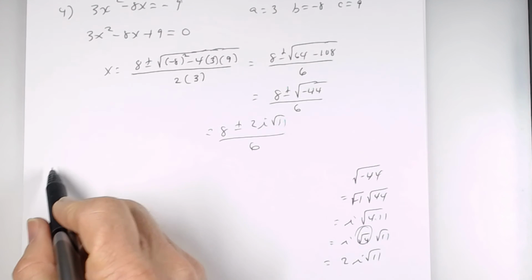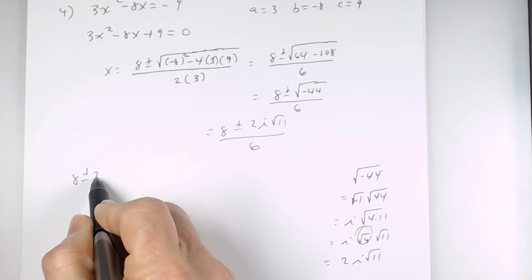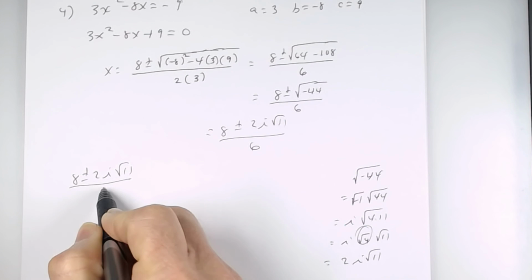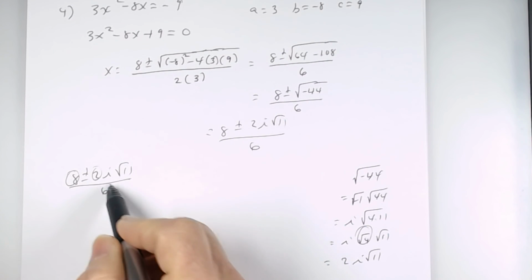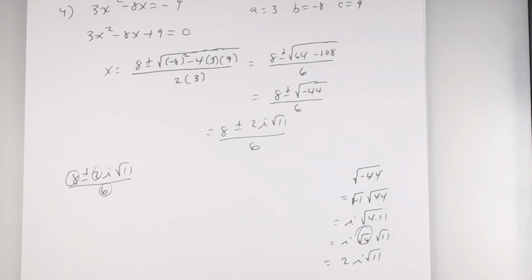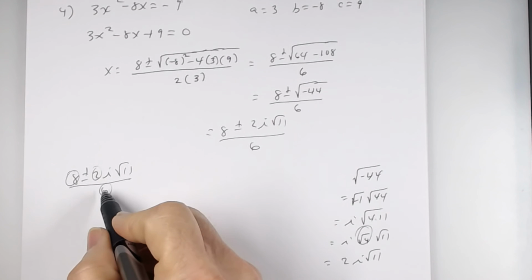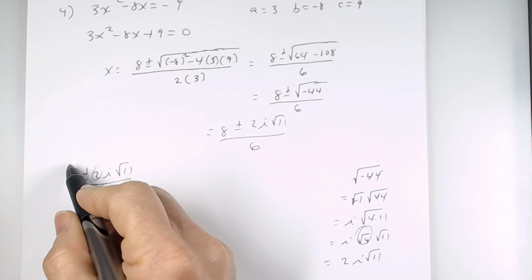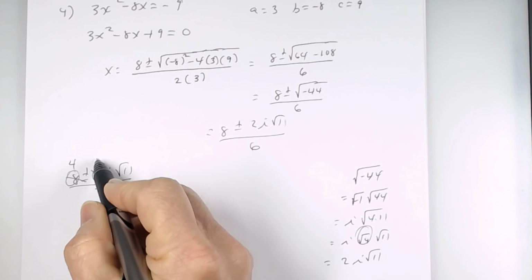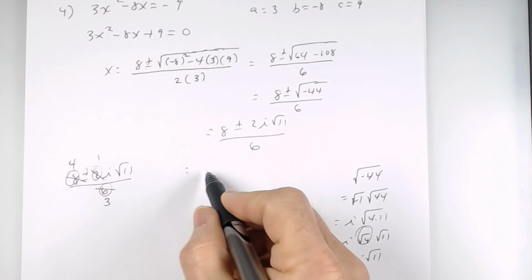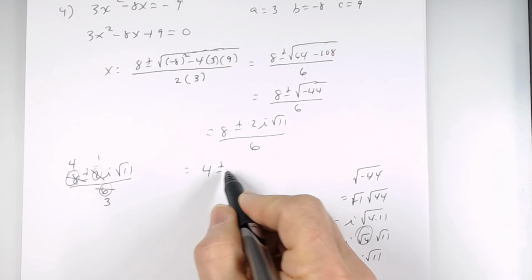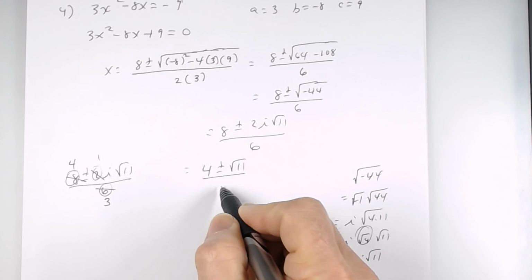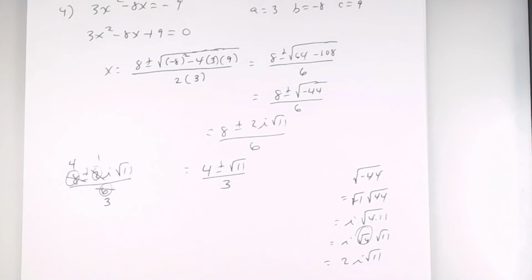So if I rewrite that part, and I circle the 8, 2, and the 6, all those 3 numbers have a GCF of 2. So 6 divided by 2 is 3. 8 divided by 2 is 4. 2 divided by 2 is 1. And then you would just give me 4 plus or minus i square root of 11 over 3.